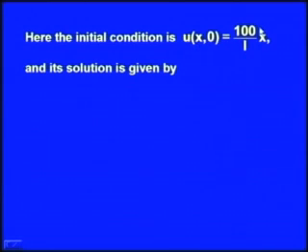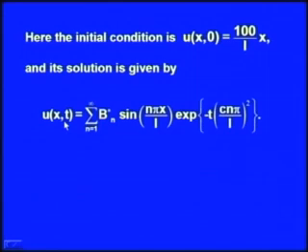So, u x 0 is equal to 100 x by L, and its solution is given by u x t equal to sigma n equal to 1 to infinity b n star sin n pi x over L exponential minus t c n pi over L whole square, because here we have the end x equal to 0 kept at temperature 0, and the end B is cooled to temperature 0. So, here T 0 is 0 and T L is also 0.